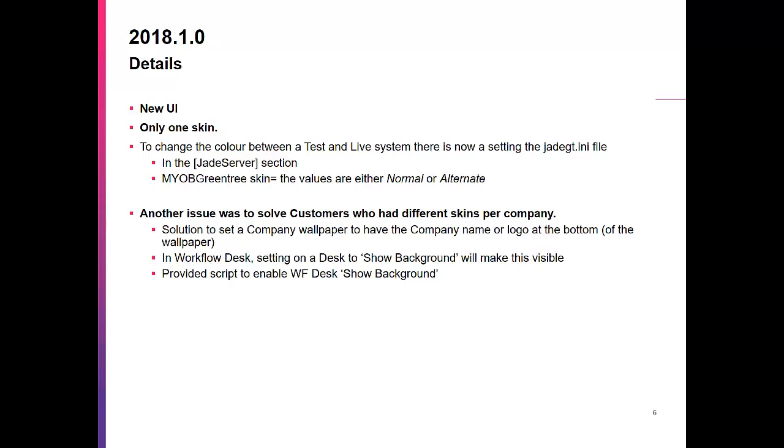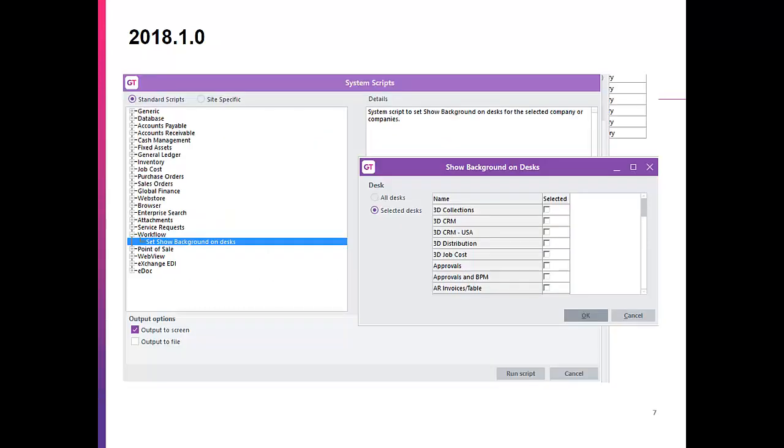Because several customers may not be using that option, they don't want to therefore go through every single workflow desk to set that to true. We've provided a script to do that. So in the system scripts, under the workflow, you'll see an option there. Set the show background. As you can see by the pop-up that I've screenshotted there, you can either select it at a desk level or you can do all desks.